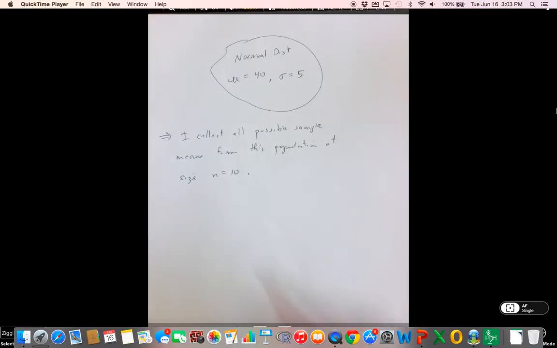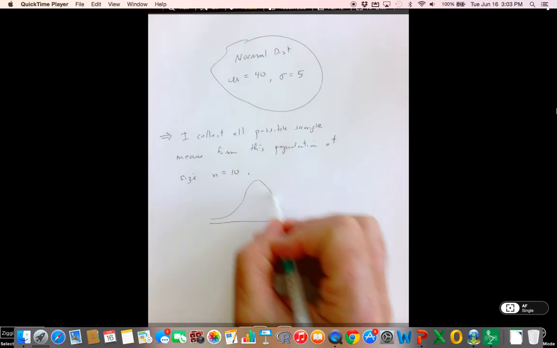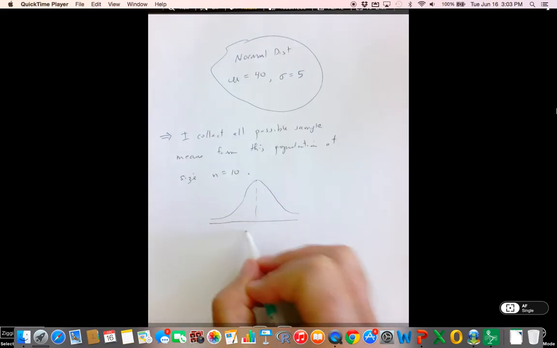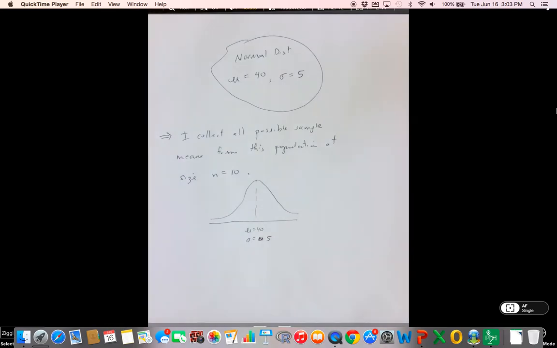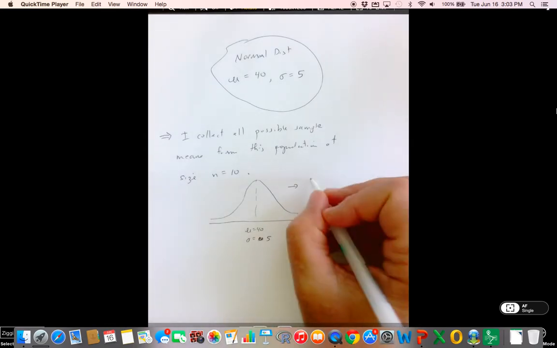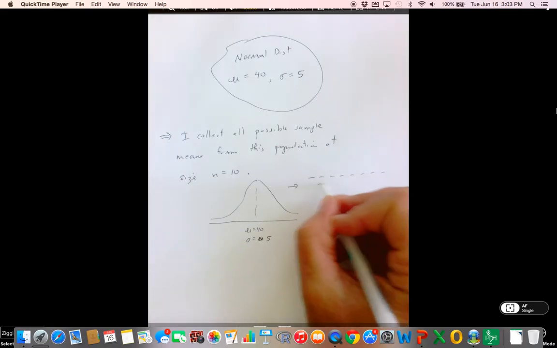So I go into this original distribution that has a mean of 40, a standard deviation 5, and I pull out 10 measurements. 1, 2, 3, 4, 5, 6, 7, 8, 9, 10.